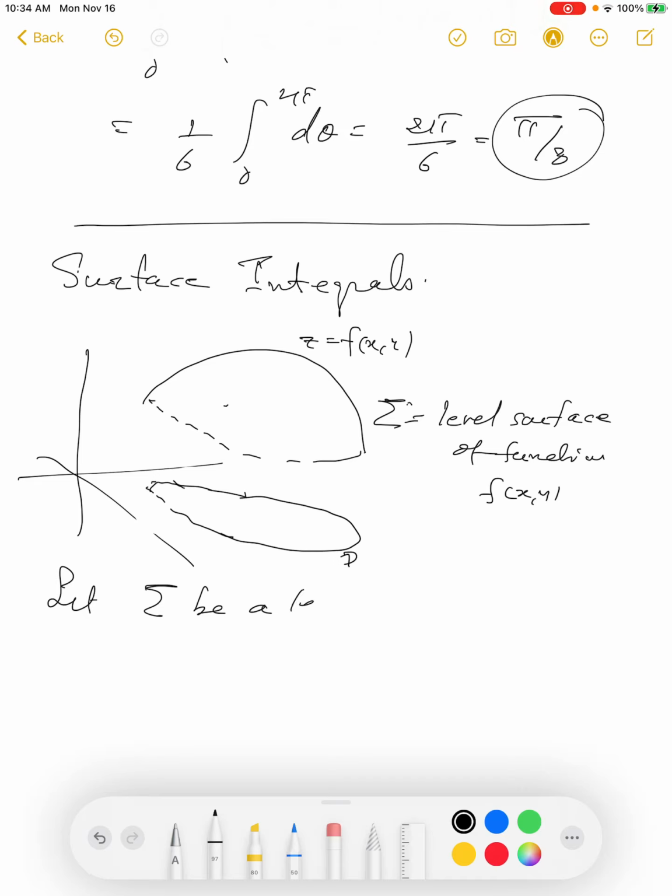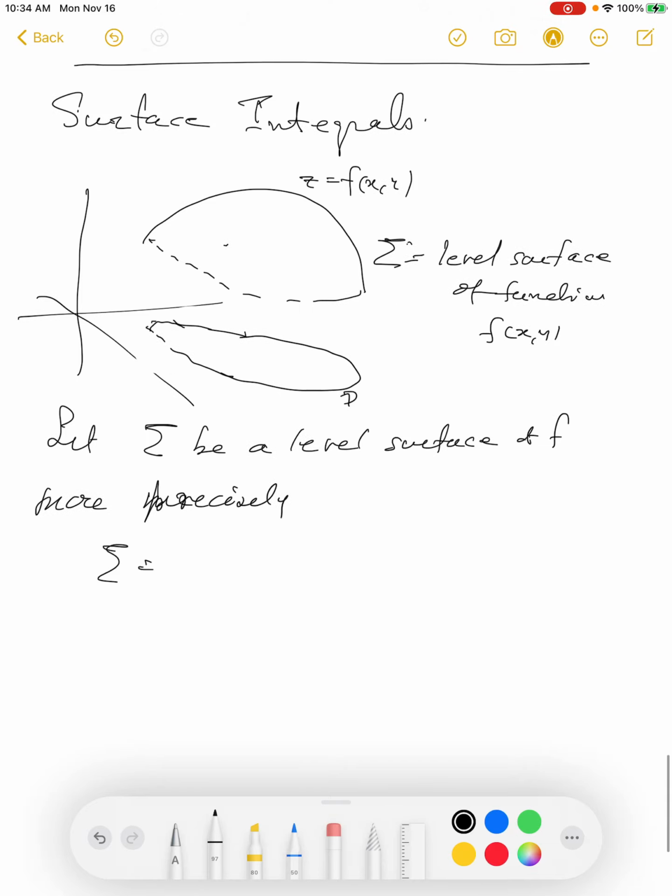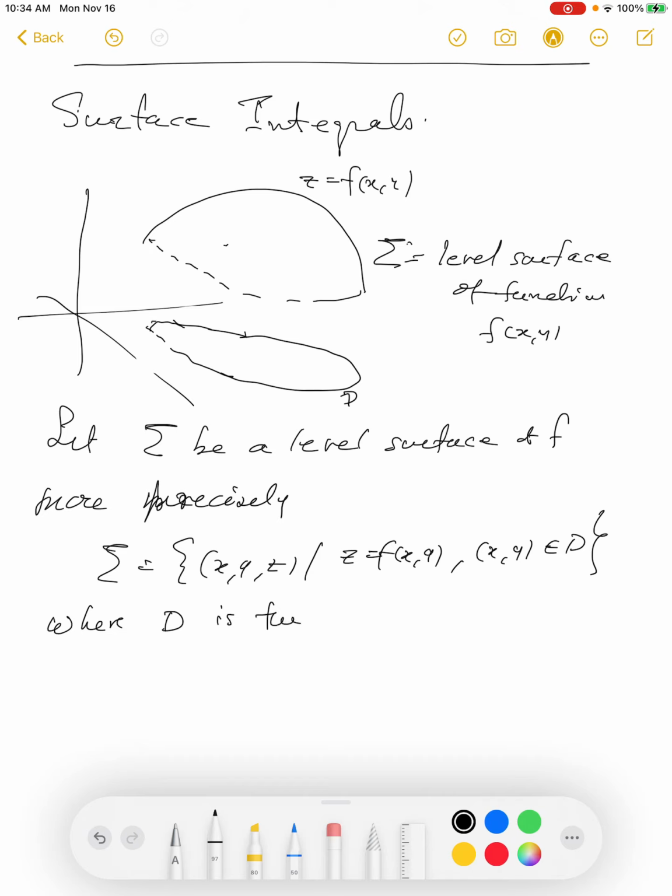Let sigma be a level surface of f, more precisely. I want to take sigma to be the set of all points x, y, z such that z is f of x, y and x, y varies over D, where D is the projection of sigma on the xy plane.